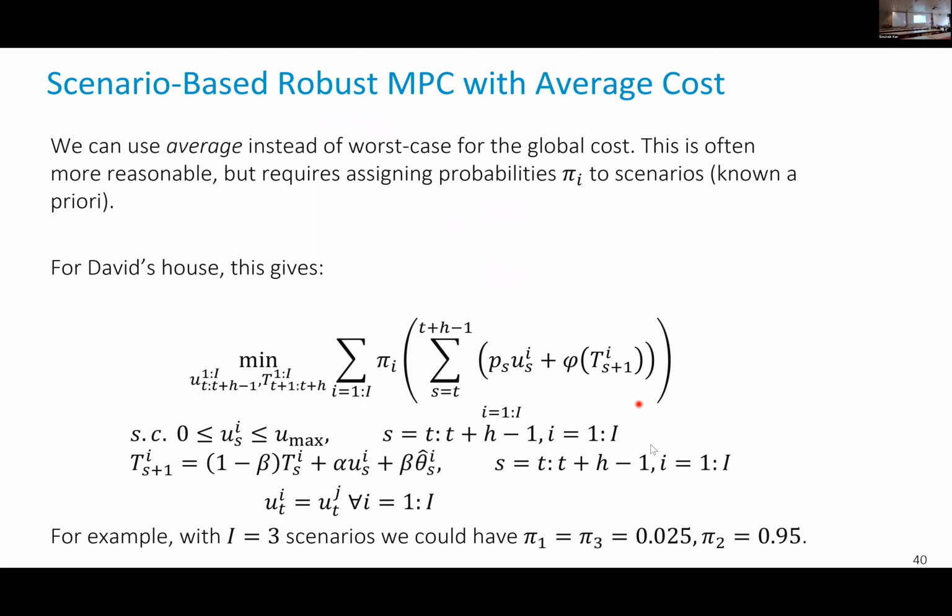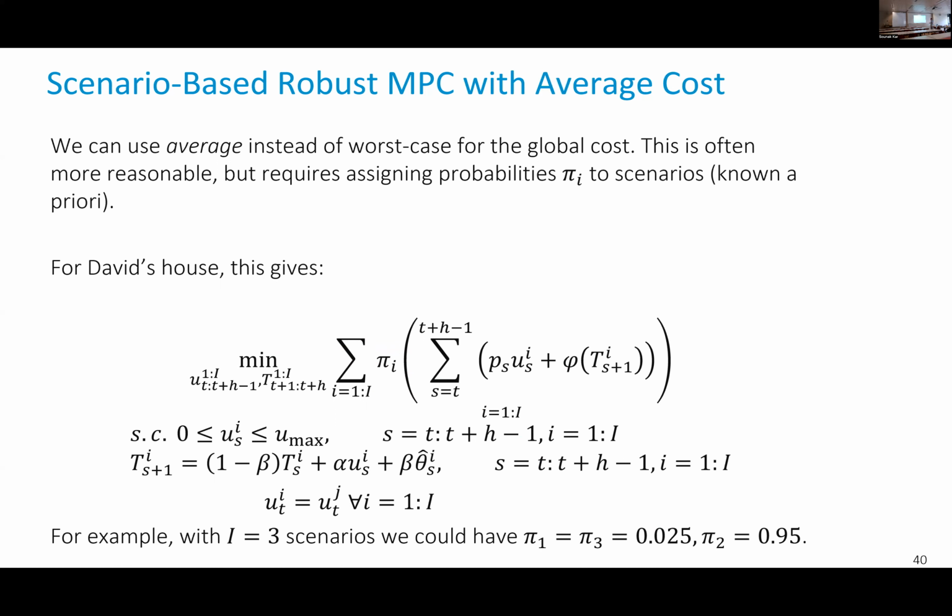So if I'm able to have this, for example, you would typically find things like a 95% probability for the average and 5% separated into 2 extreme cases. Then I want to minimize the average, which now, instead of the max, is the sum of pi_i times this. Pi_i is known, is fixed and constant, so that simply makes a completely linear problem. At least this part is linear.